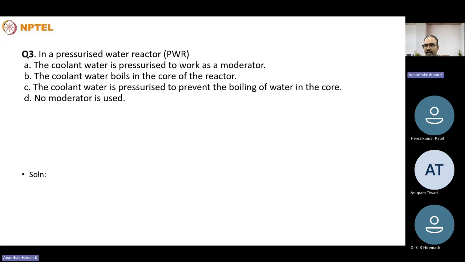So we actually need to distinguish between these two and see the components of the pressurized water reactor before tackling this problem. So we can start.